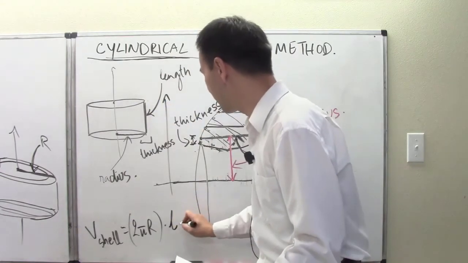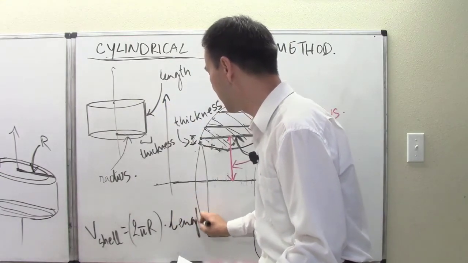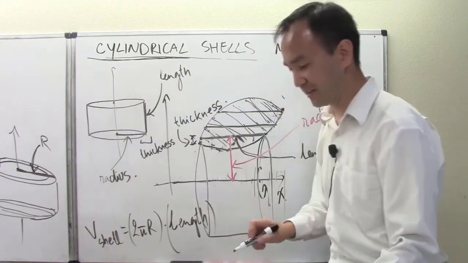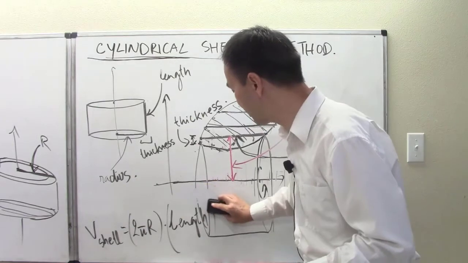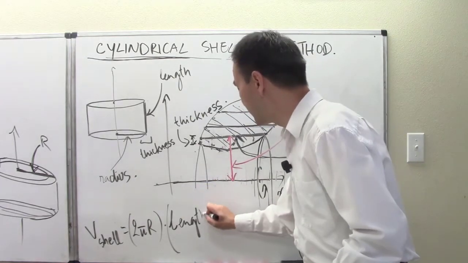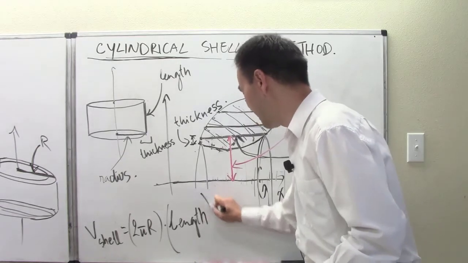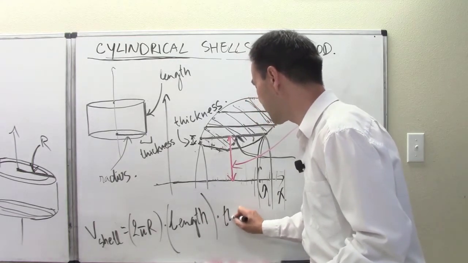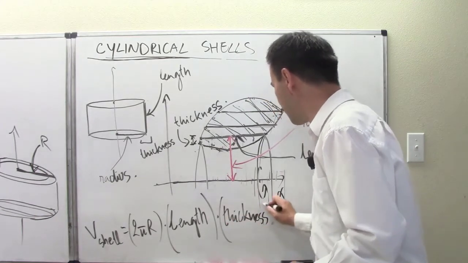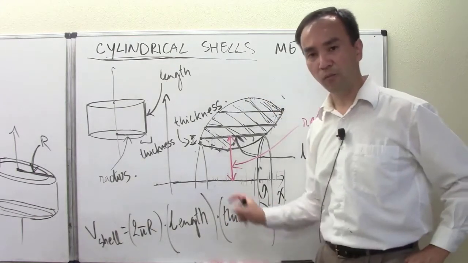We're multiplying that with the length, and then multiplying that with the thickness. My picture is getting too crowded now, so let me erase part of that. Length, and we're multiplying that with the thickness. That's always the rule for how we can calculate the volume of one shell.